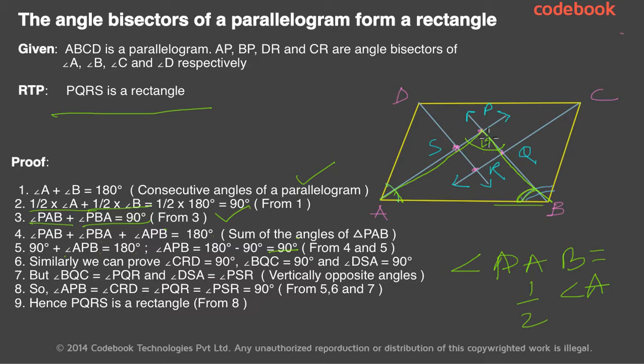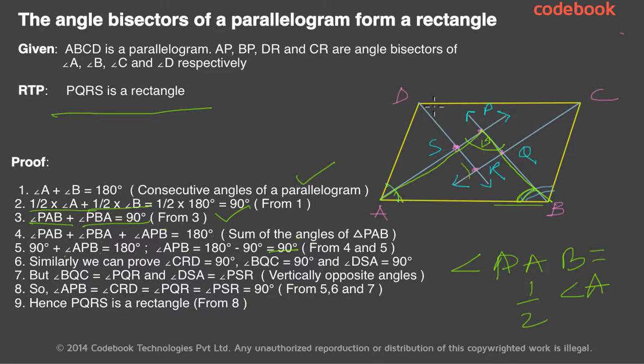Similarly, we can prove that all the other angles are also 90 degrees based on the same steps that we have taken here, which is 1, 2, 3 and 4. So for example, in order to prove this 90 degrees, we are going to consider this triangle DRC, right?